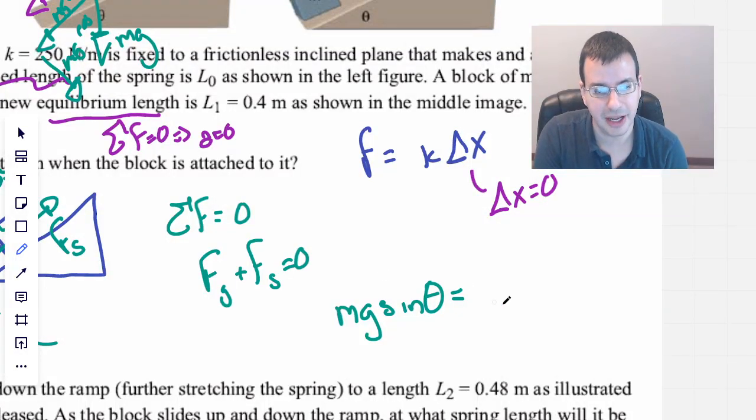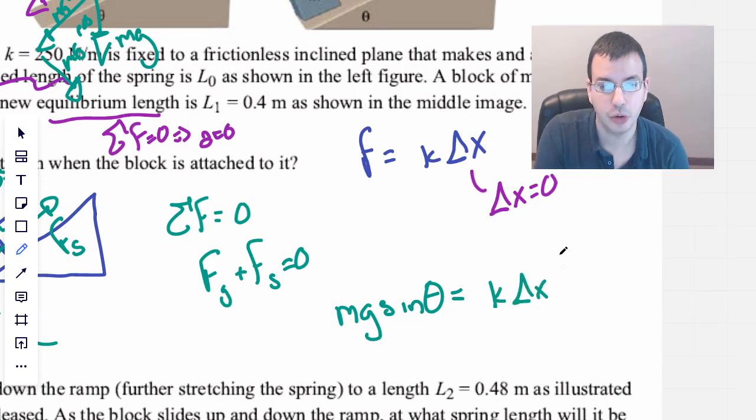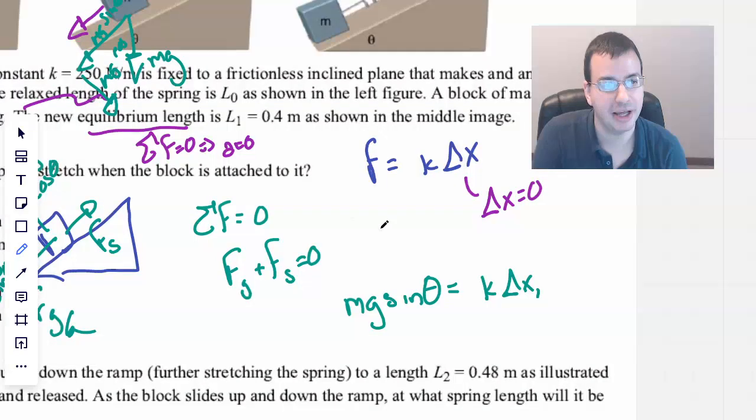So mg sine theta will be k delta x, where this delta x is specifically, I'm going to call this delta x1, implying that this is due to length L1. Normally you'll sometimes see a negative there, saying that the force is opposite to the stretching of the spring.